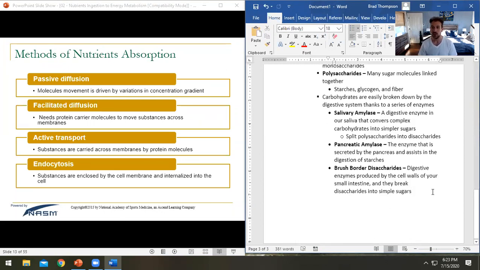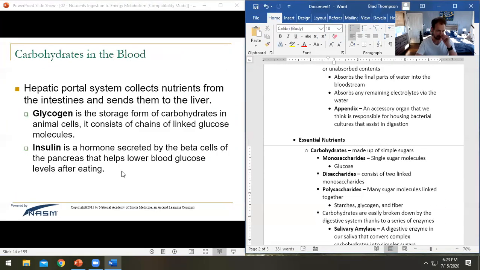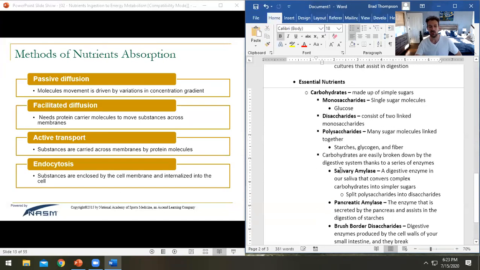Now, how do you actually absorb all of these nutrients? I forgot this goes in a really weird order here. You're going to do this through a series of different types of diffusion. Not to do a whole big long talk on diffusion, but basically diffusion is the movement of molecules in the direction of a concentration gradient.